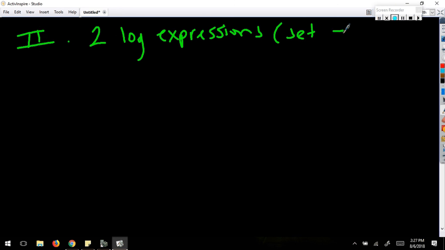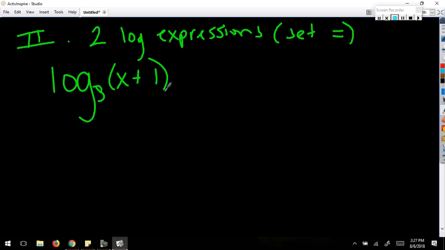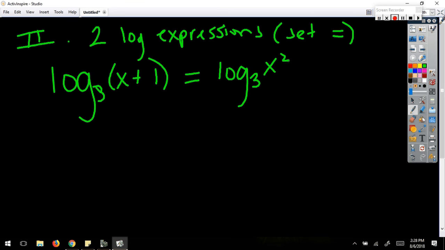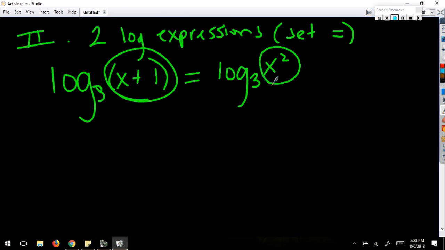So for example, maybe I have log base 3 of x plus 1 equals log base 3 of, we'll even make it a little bit harder, x squared. Well, because there's nothing else with this, I only have two log expressions, and these log expressions are equal to each other, then I can set these arguments equal and kind of disregard the logs.